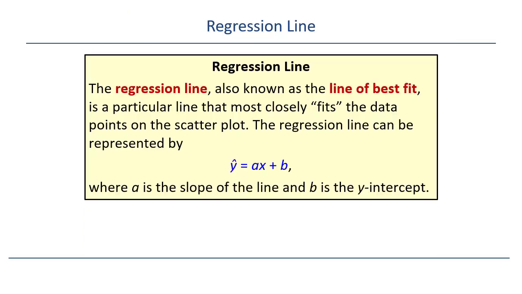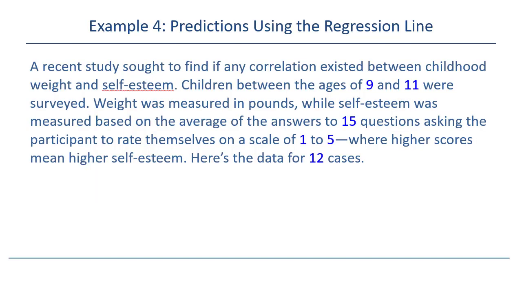It minimizes those vertical distances between the prediction you would get from the line and the actual value you have in your data set. Just like any other straight line, a is your slope and b is your intercept. And of course, if we were doing other types of regression like exponential, you would have an equation for an exponential or a polynomial or a quadratic rather than just a straight line.